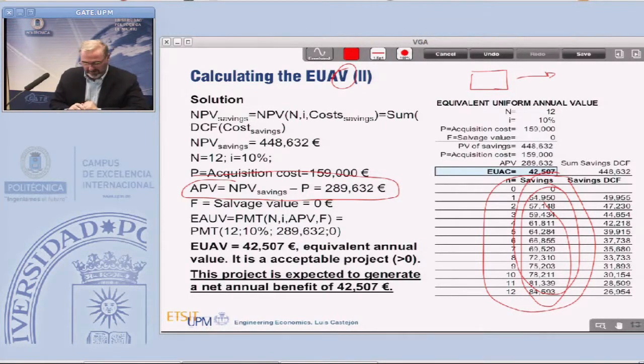So we subtract, we have the minus sign here, and then the adjusted present value is this one, and then we calculate the annual payment.